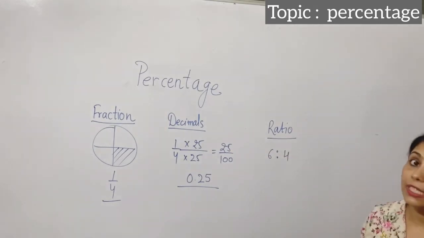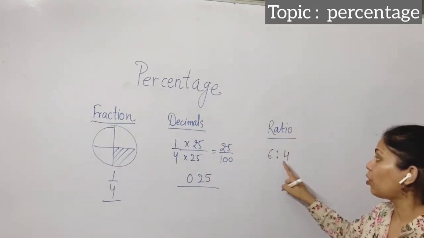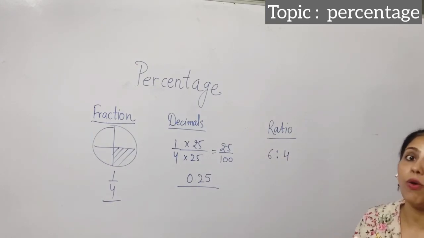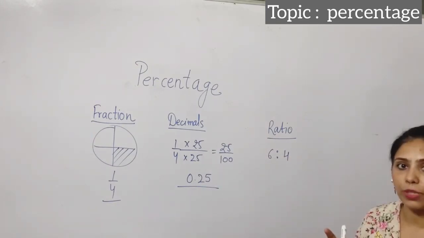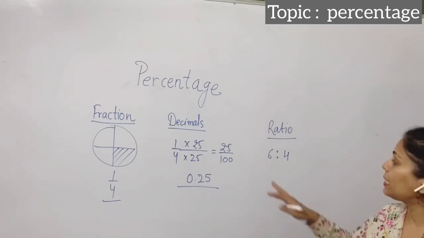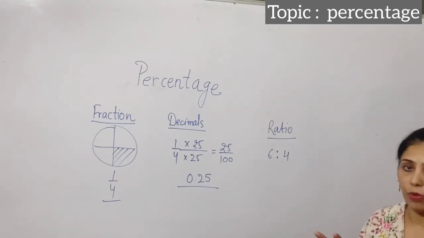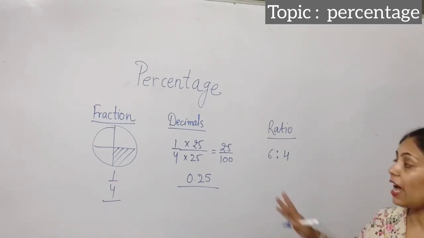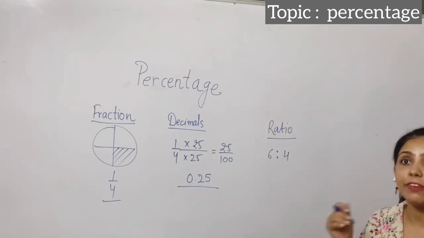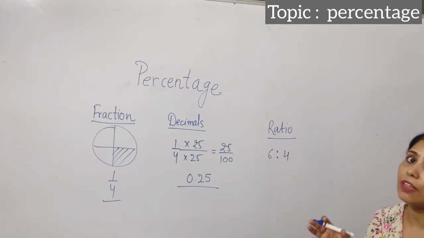So here you will see that in ratio, we will not write the whole. What is the whole? The whole number of students is 10. But here we are comparing. So here it is a comparison, and both the numbers individually represent, they do not represent the whole.